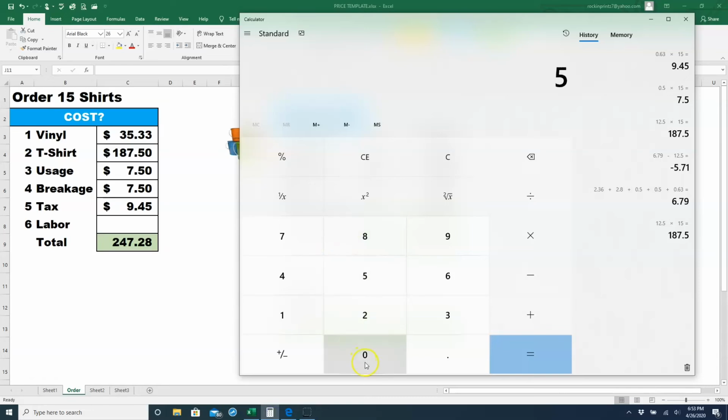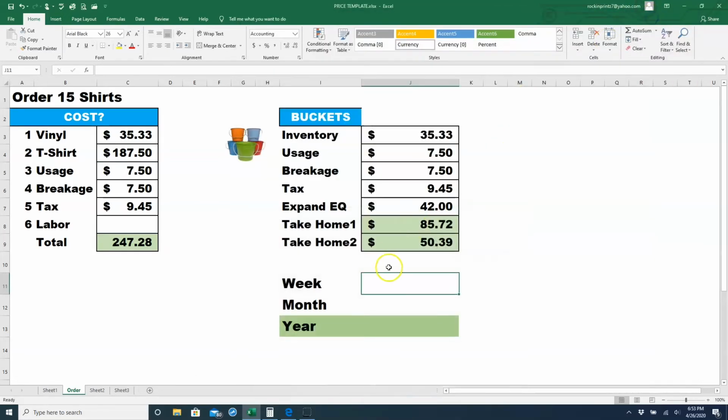So we're going to do 50.39 times 5 days. That's $251.95. That's what you can make in 5 days if you had the business and you were working.